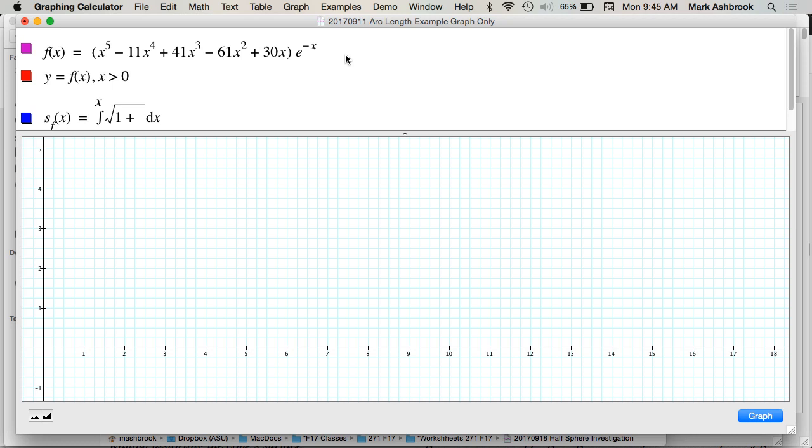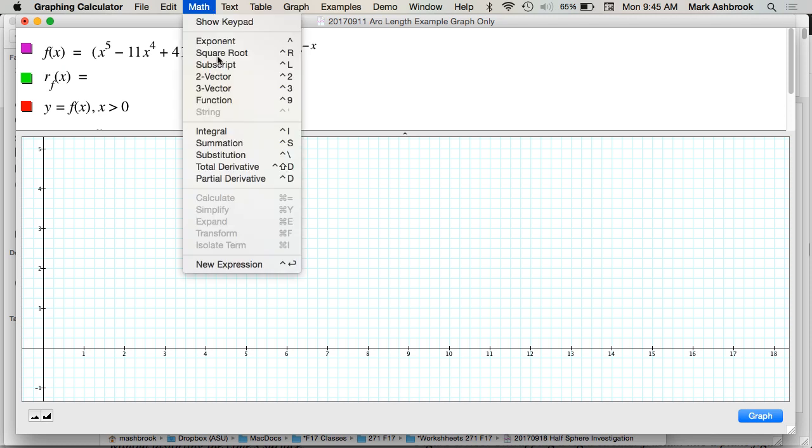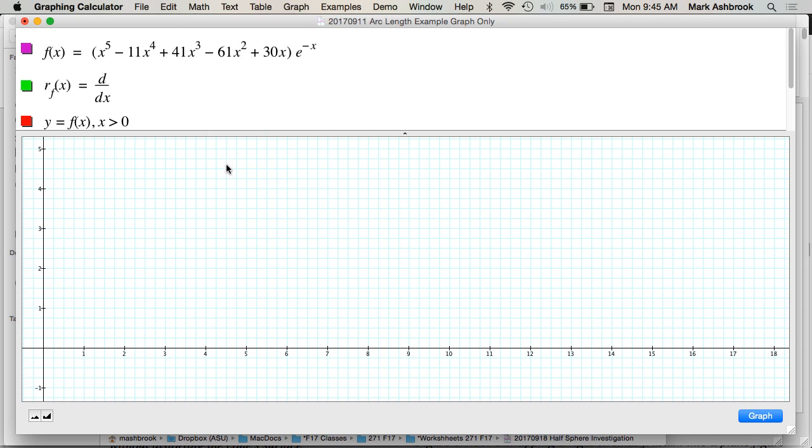No fun. That's why we like GC, because we can define a function, the rate, and just say, all right, you do the derivative for me. So the total derivative of f, and now we've assigned the derivative of f to be the rate of change function R sub f.